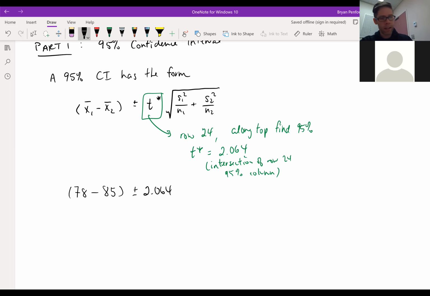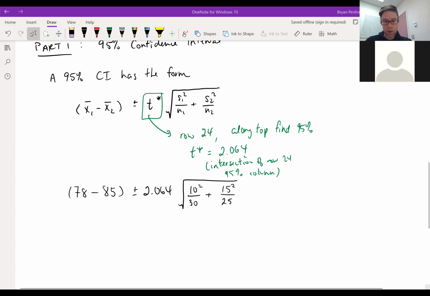And our S1 is 10 and S2 is 15. So we're going to get 10 squared over 30 plus 15 squared over 25. And then it just becomes a little bit of a calculator game. So I'm going to load up my calculator, and you'll hear some frantic clicking as I start inputting things into the calculator.